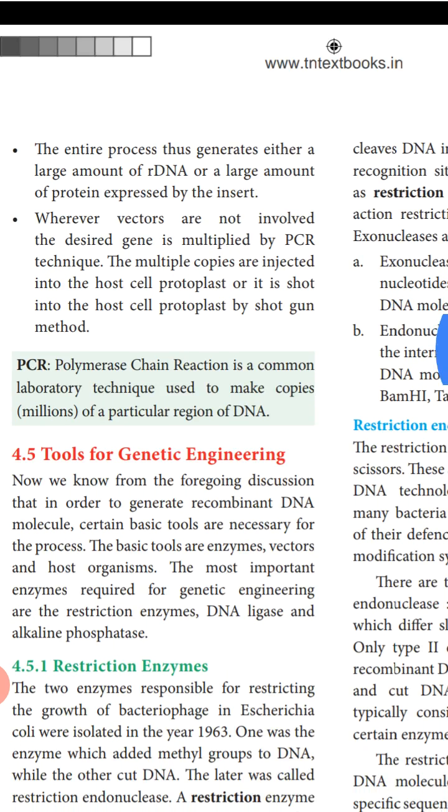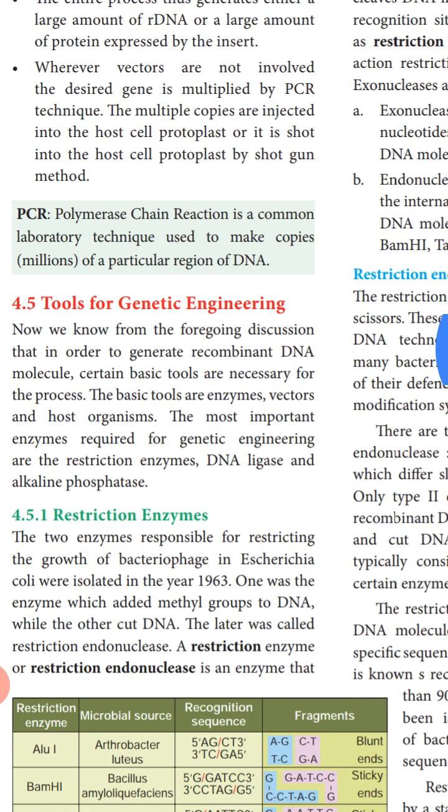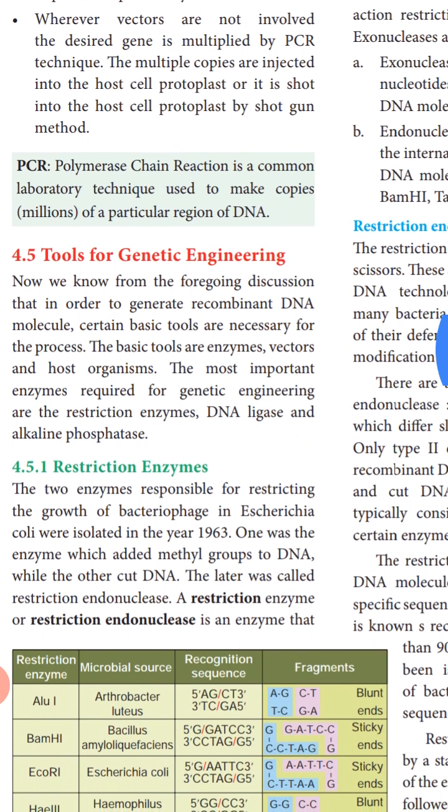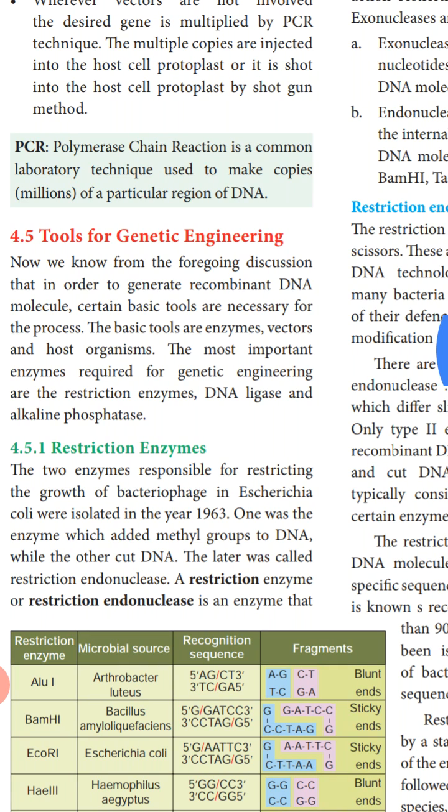So here are the tools for genetic engineering. Now we know from the foregoing discussion that in order to generate a recombinant DNA molecule, certain basic tools are necessary for this process. The basic tools are enzymes. For genetic engineering or gene manipulation, we require some basic tools.